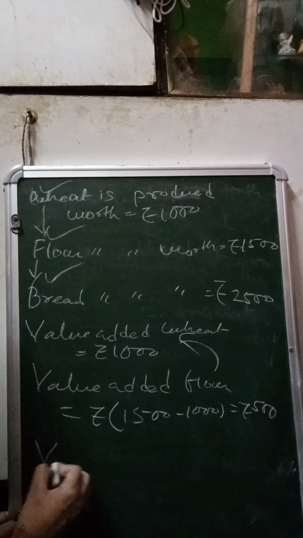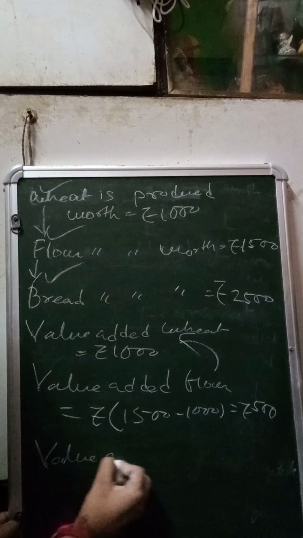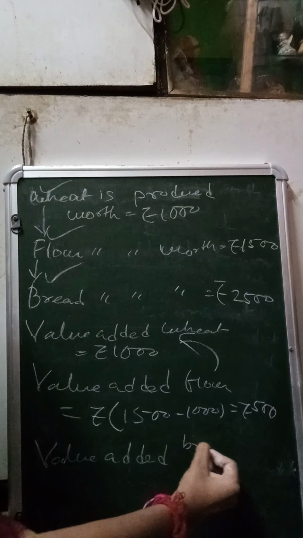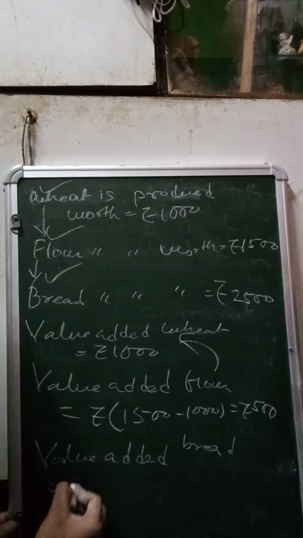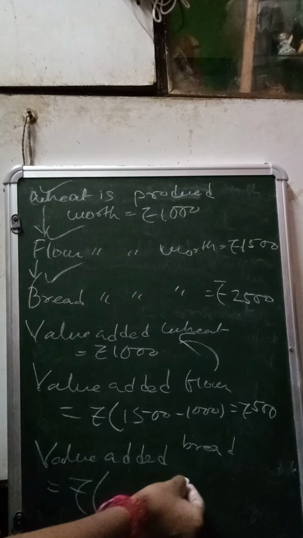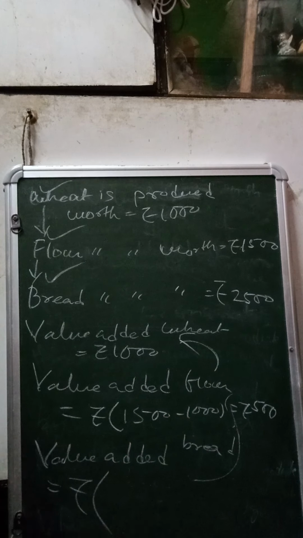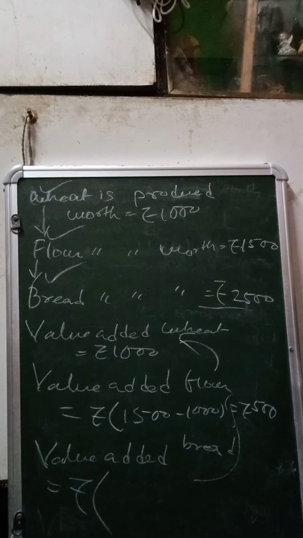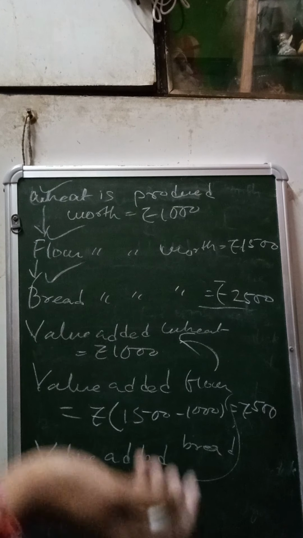Again, if we want to calculate the value added for bread, what is the intermediate good? Flour is the intermediate good, and the final good is obviously the bread. Then what was the formula?